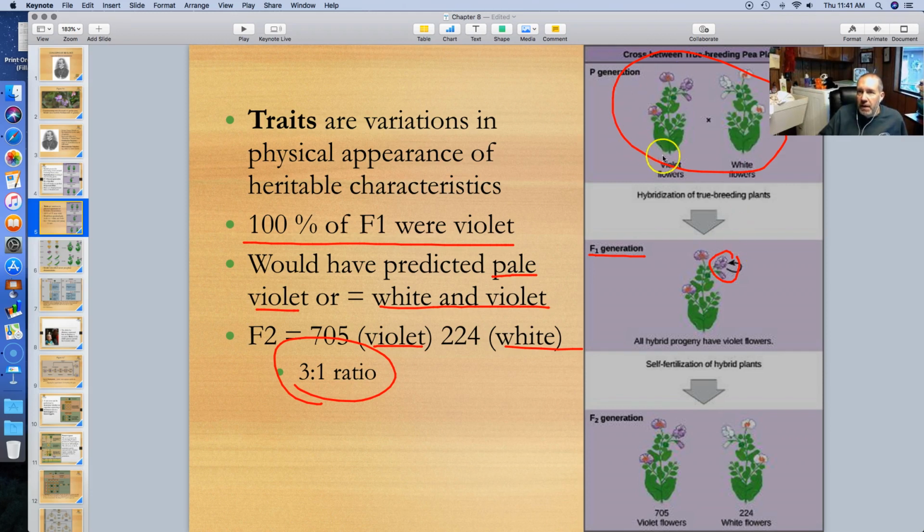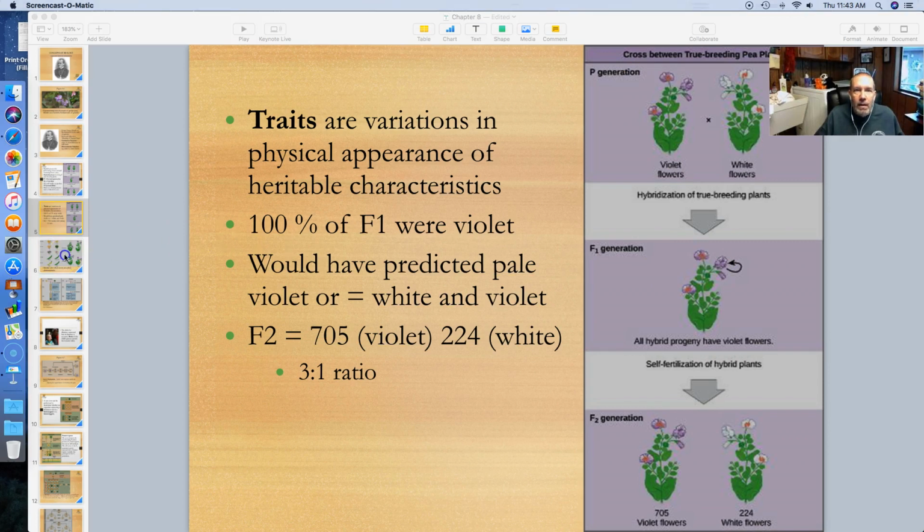You could have bred these 1,000,000 times, and 1,000,000 times you would have only got plants that had violet colored flowers. Now prior to Mendel, you would have predicted that this would have been a blending of characteristics, if what we believed before Mendel was true. And indeed, Mendel found that was not the case.